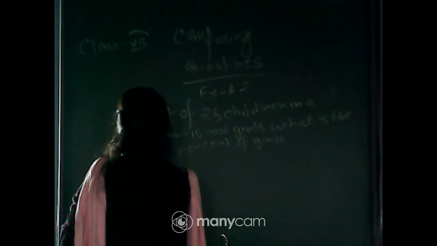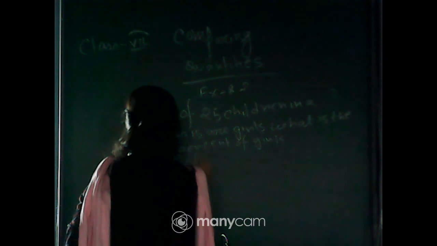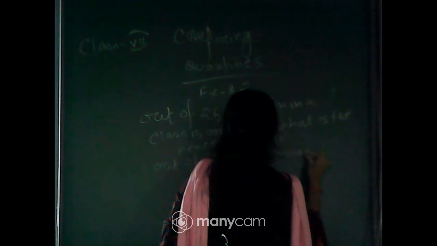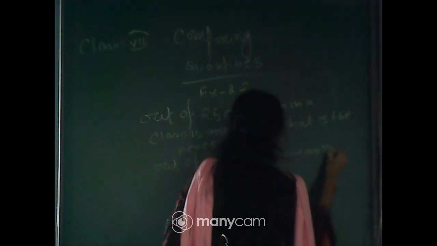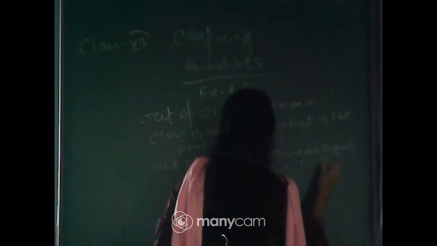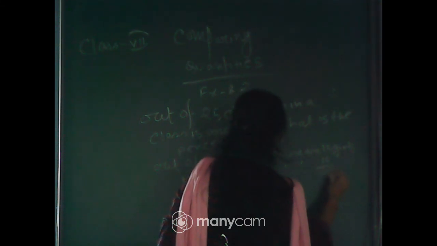Here, out of 25 children, there are 15 girls. Therefore, out of 1 child, there are 15 divided by 25 girls.